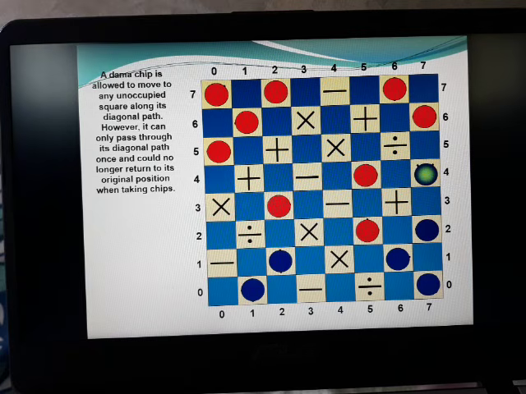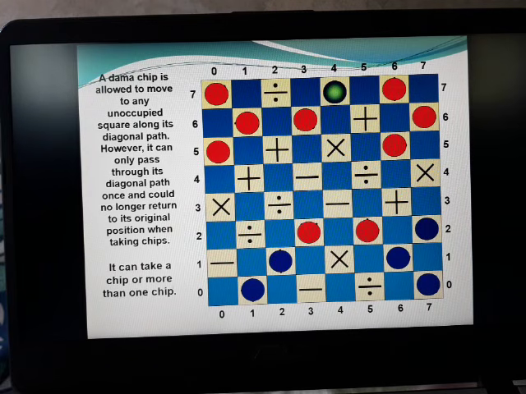So a Dhamma chip is allowed to move to any unoccupied square along its diagonal path. However, it can only pass through its diagonal path once and can no longer return to its original position when taking chips. For example, it can take a chip or more than one chip.